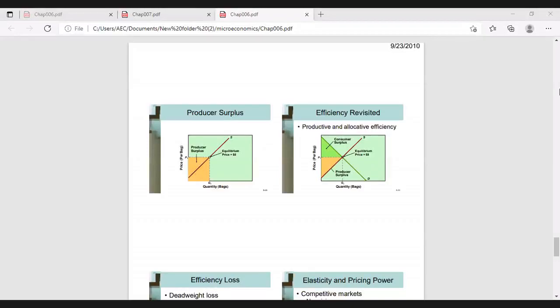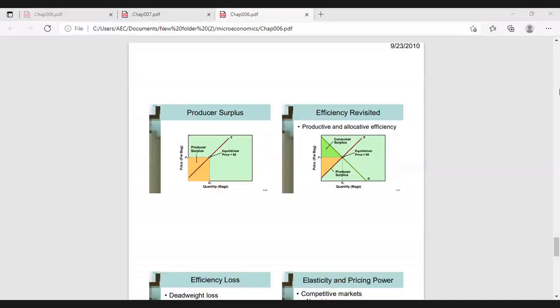We are producing additional output where marginal cost is greater than marginal benefit. That is a loss, and that loss should be subtracted from this triangular benefit surplus. So over-allocation, over-production, also reduces the society's surplus benefit.